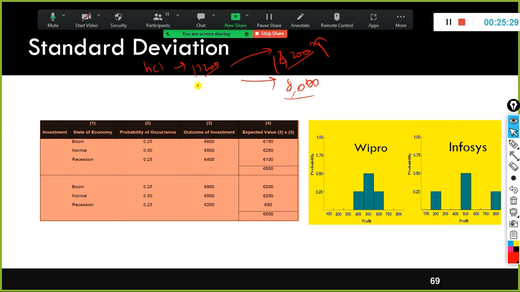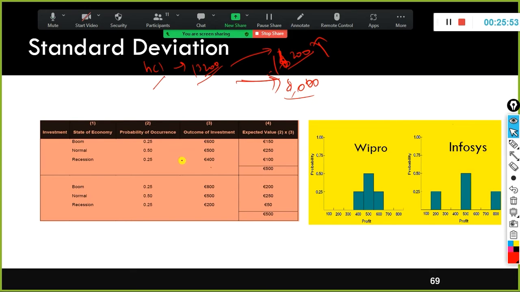You invested and the next month, let's say for your daughter's marriage, the price goes up, it is fine. The return is high, but the risk is also very high in the case of the HCL stock price.